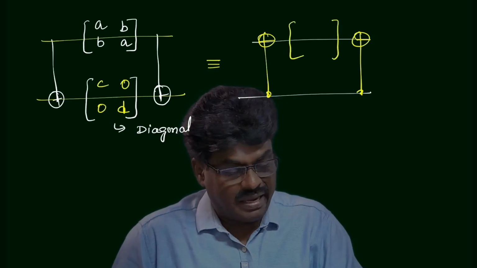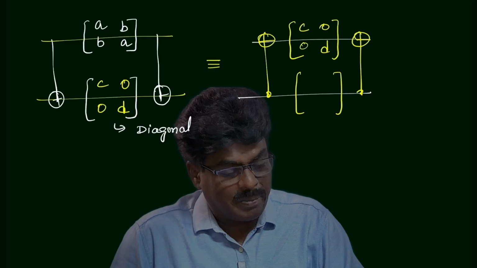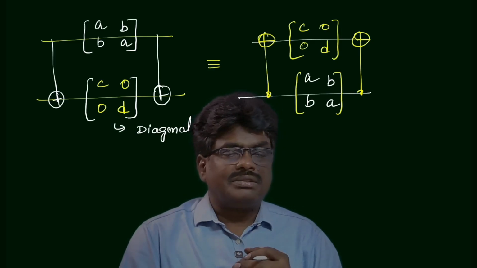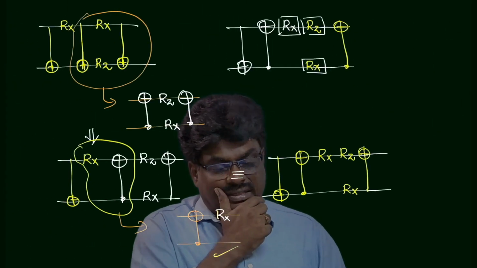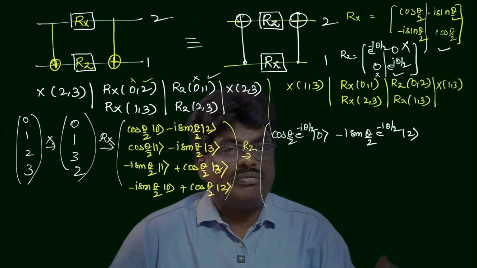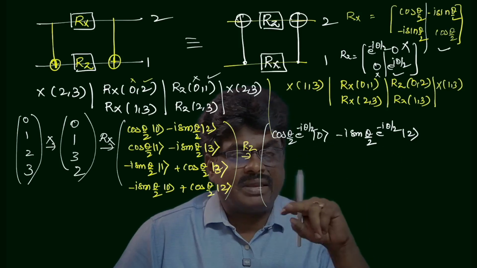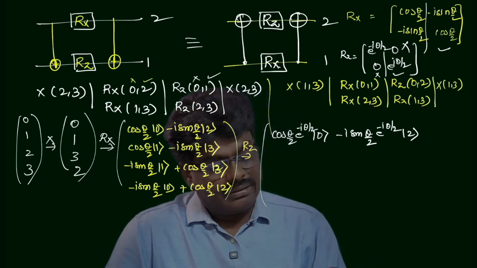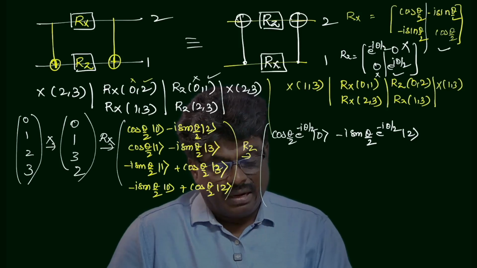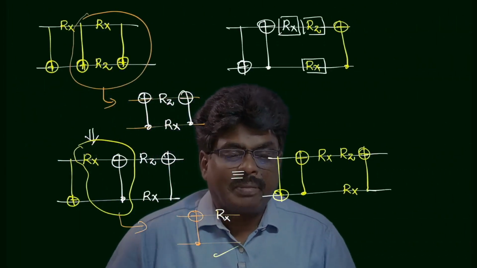Here you are getting the diagonal C, 0, 0, D, and here you are getting that upper operation A B, B A. Why is it correct? Because in Rx, if you interchange the first diagonal and the second diagonal elements, you will get the same matrix again, that means A, A, B, B, like that. And Rz is a diagonal matrix only. That's why this is happening, right?